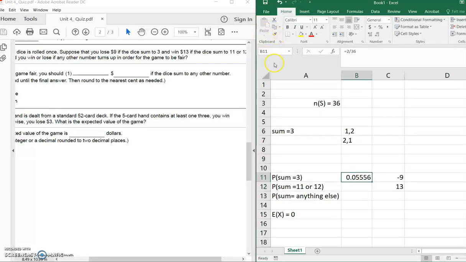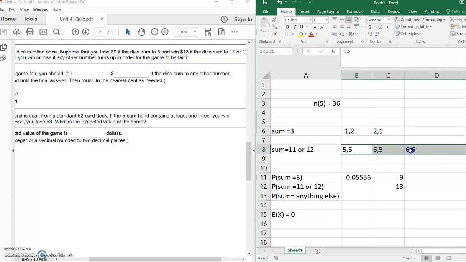Okay? And then getting a sum equals 11 or 12. So how can you get a sum of 11 or 12? You could roll, so 11 can happen with 5 and 6, or 6 and 5. You can't roll 4 and 7, there's no 7. And that's it, only 2 ways to get 11. And then one way to get 12 is 6 and 6.